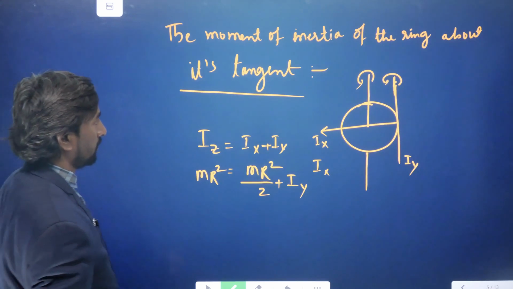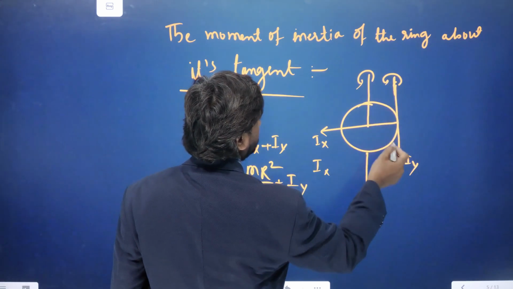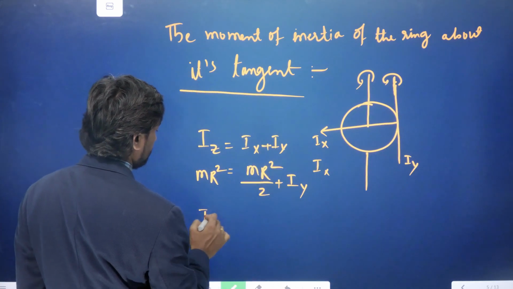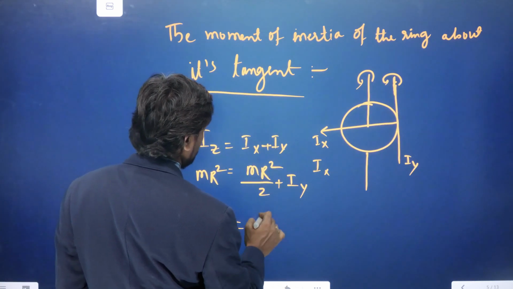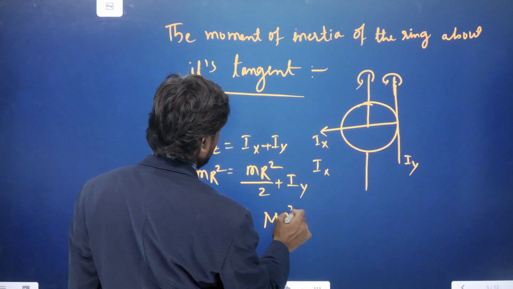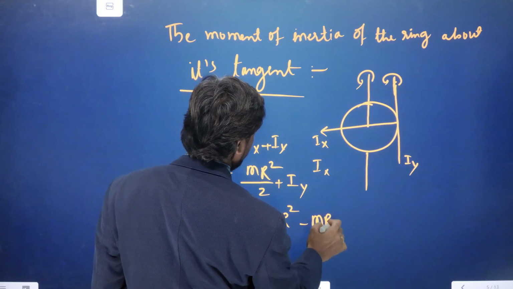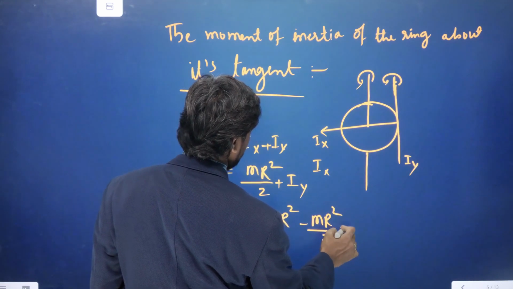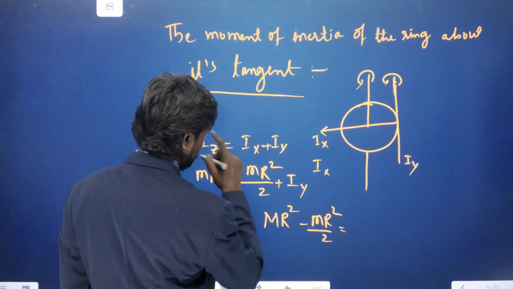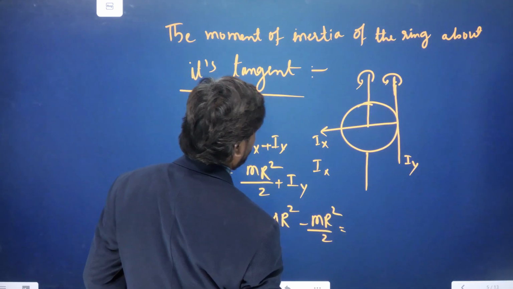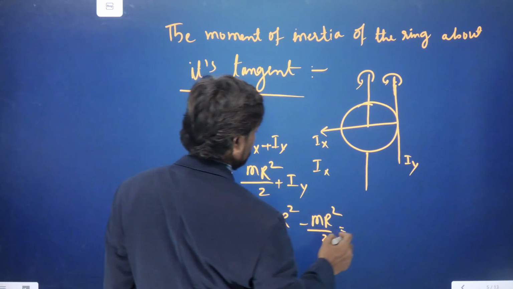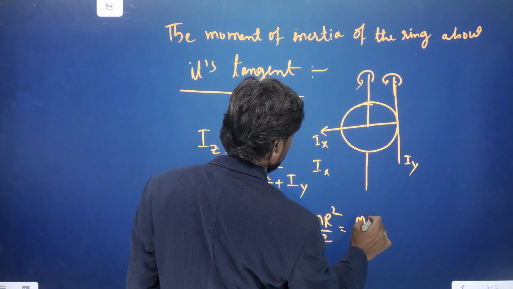Now the moment of inertia about this tangent, we can write Iy is equal to mr square minus mr square by 2. Therefore the moment of inertia about this axis will become mr square by 2.